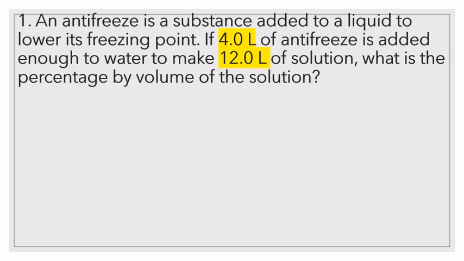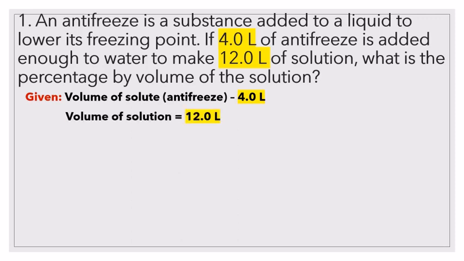We have 4 liters of antifreeze and 12 liters of solution. So the given will be the volume of solute, which is the antifreeze, and that is 4 liters, and the volume of the solution, 12 liters. The volume of the solvent was not given, but it's okay.